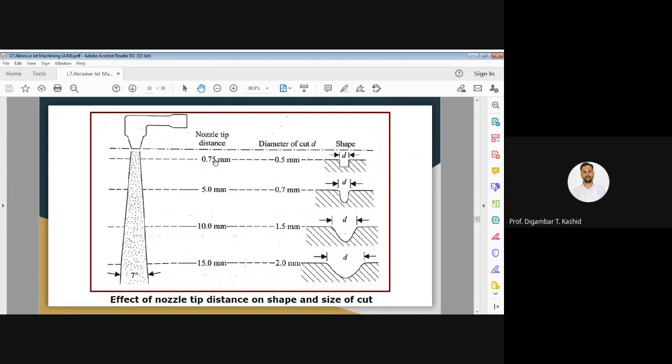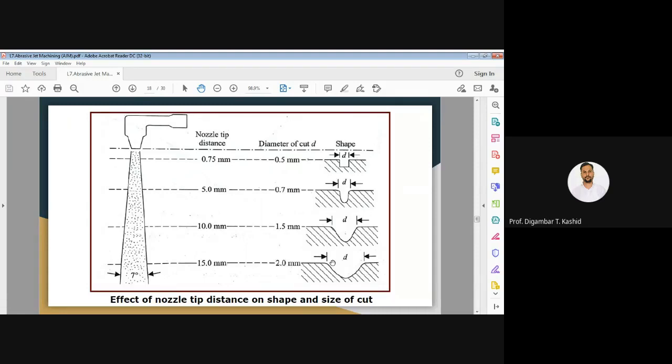Further increasing the standoff distance to 10 mm, the diameter of cut, that is D, will increase up to 1.5 mm. You can see the shape. Then if you increase the nozzle tip distance up to 15 mm, the diameter of cut will increase to 2 mm. So this is the effect of nozzle tip distance on the shape and size of your cut.